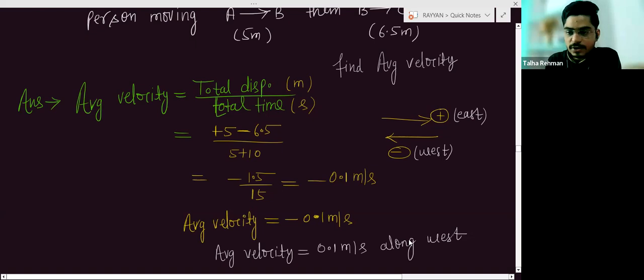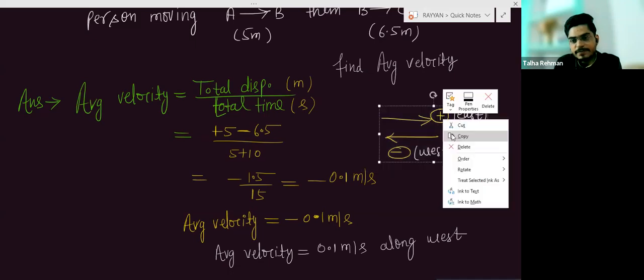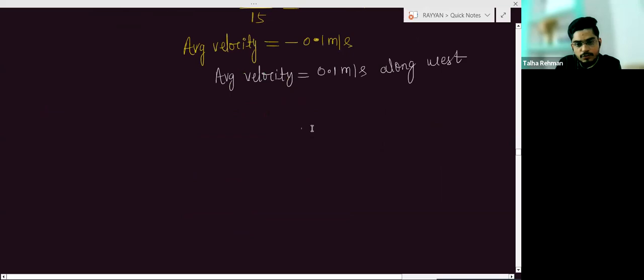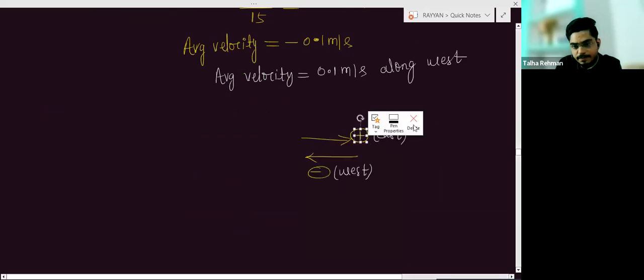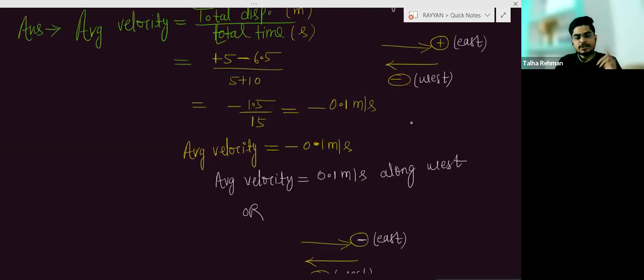Now what will I do? In this case, I have just taken the east direction as positive and the west direction as negative. Now I will take the east direction as negative and the west direction as positive, and with the help of this, I will solve this question again.